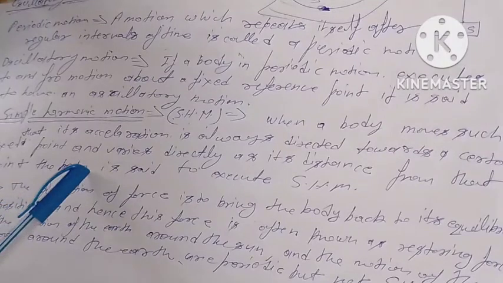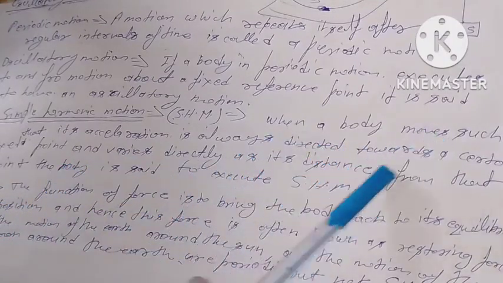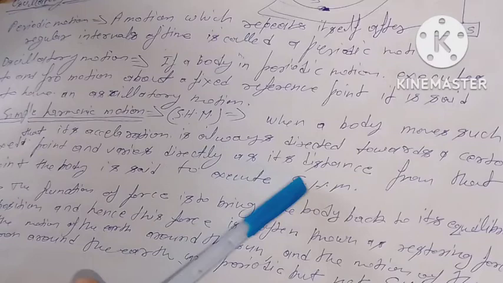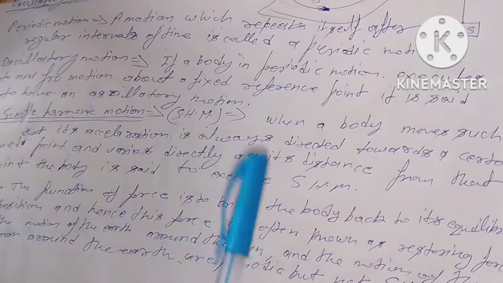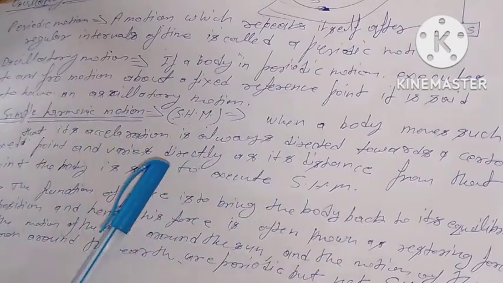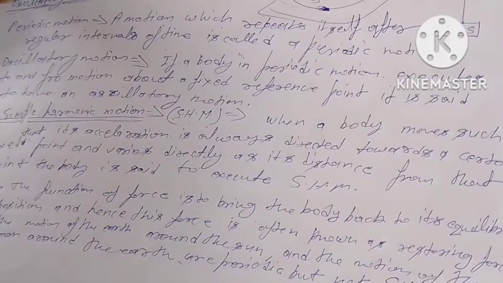What is simple harmonic motion? When a body moves such that its acceleration is always directed towards a certain fixed point and varies directly as its distance from that point, the body is said to execute simple harmonic motion.